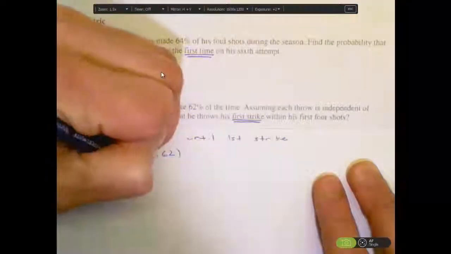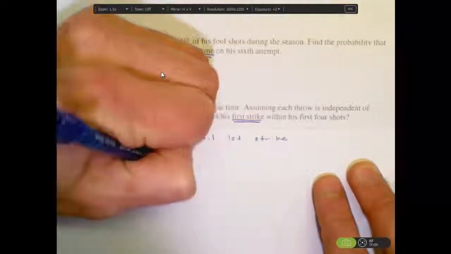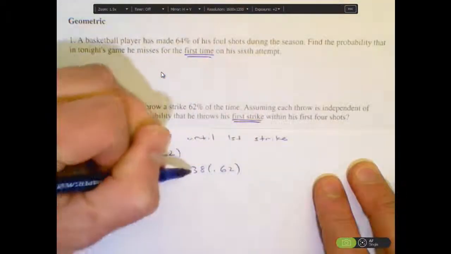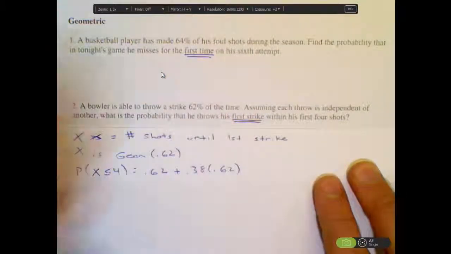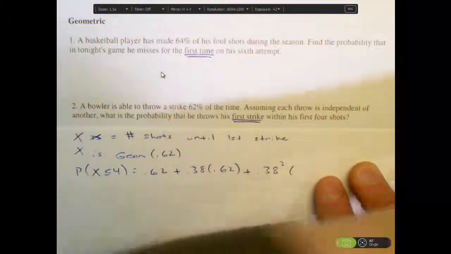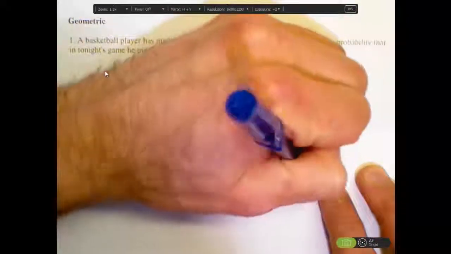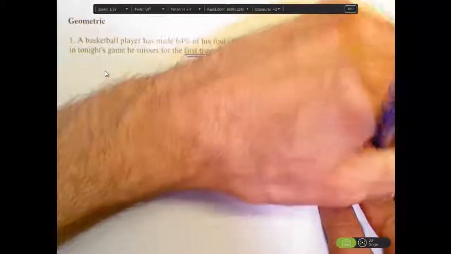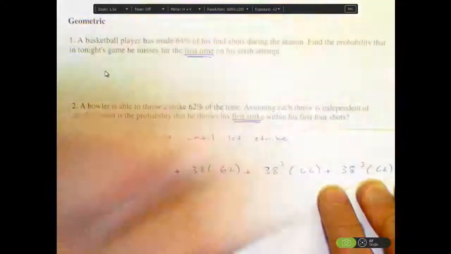So if he strikes on the first shot, that happens 62% of the time. Or his first strike could come on the second shot, which means he didn't strike and then he got a strike. Or he could not strike twice and then strike. Or he could not strike the first 3 shots and then get a strike.